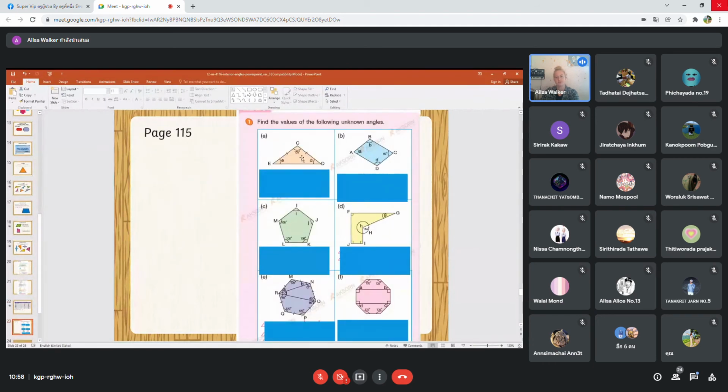So for the first one, we need to work out angle E and D. So there are 2 missing angles. What do you think we're going to do? What should we do to solve this problem?